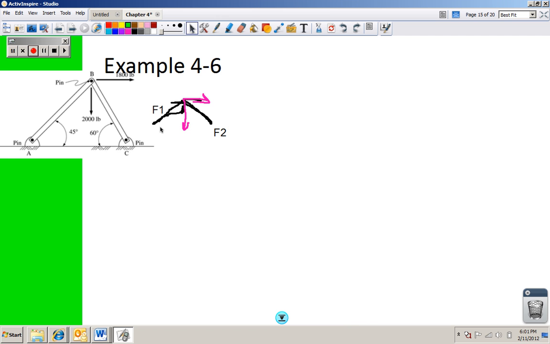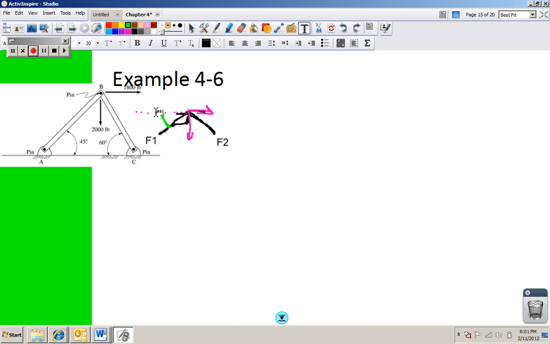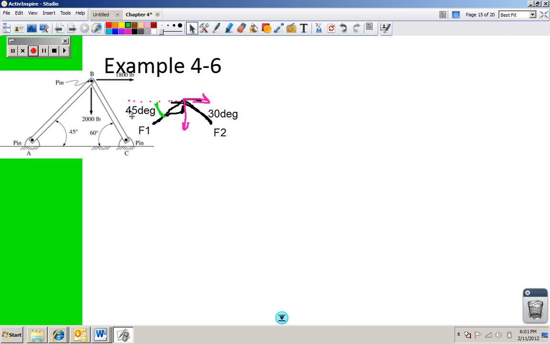Okay, let's think about the angles of these forces. Okay, this force is going to be at an angle of 45 degrees. That angle is going to be 45 degrees. Okay, and this angle is going to be 30 degrees. Right, same logic as before, in that there's an imaginary right triangle here.